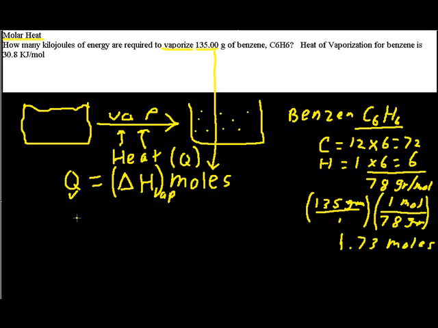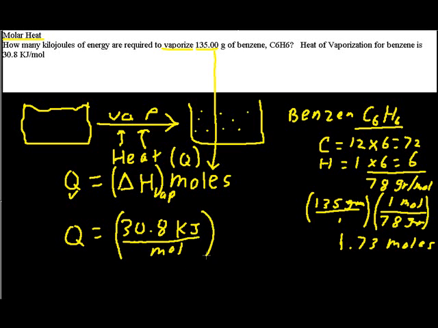So now we have a chance to plug our values in. Q is going to be equal to the delta H of vaporization. That's a standard value, and that's going to be 30.8 kilojoules per mole. How much benzene are we working with here? We're working with 1.73 moles.